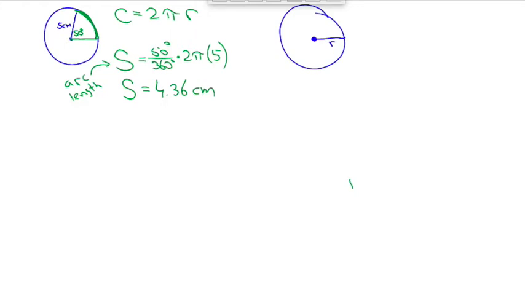If we open this up an angle, it's going to sweep an arc length here of s. So what we're going to do is set up a relationship between theta, r, and s.